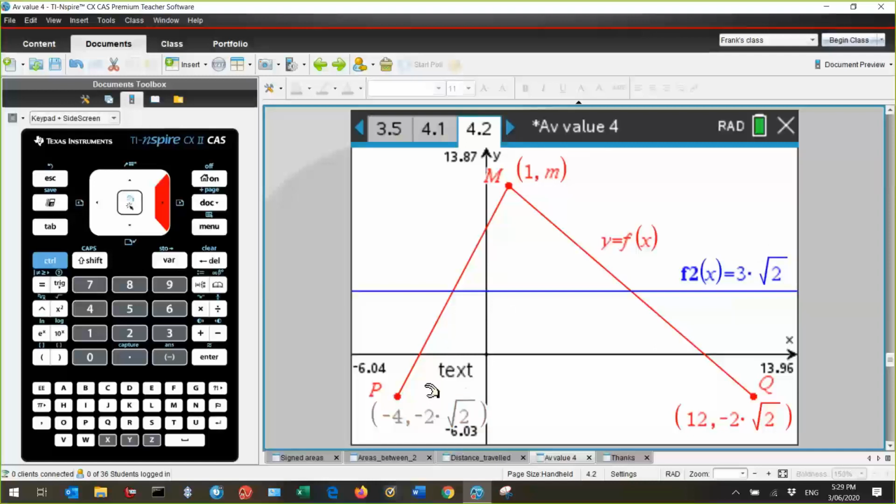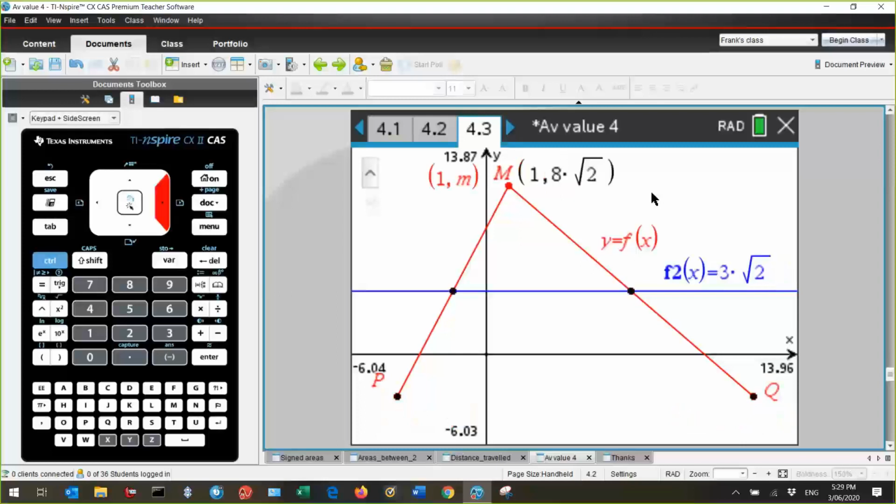So the distance between -2 root 2 and the average 3 root 2 is 5 root 2. So therefore m must be 3 root 2 plus another 5 root 2, which is 8 root 2. So that's a sort of conceptual question which has been asked as a multiple choice question in the past, and it requires no calculation, just understanding what's going on.